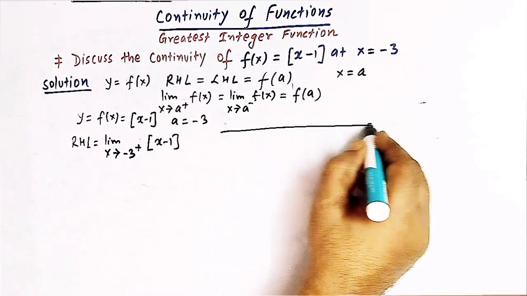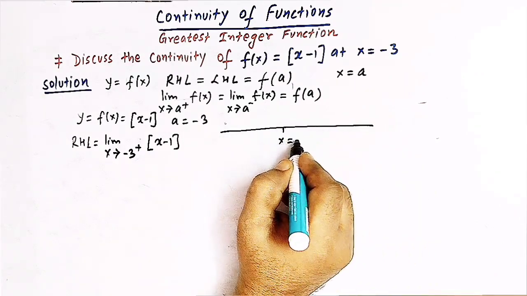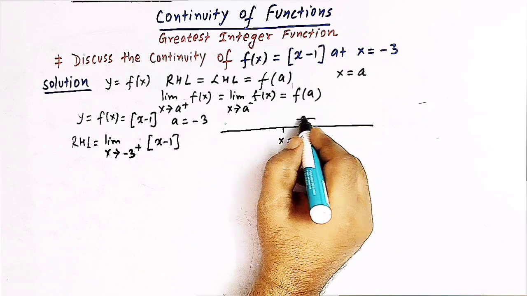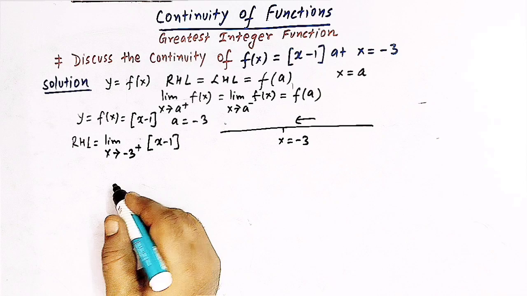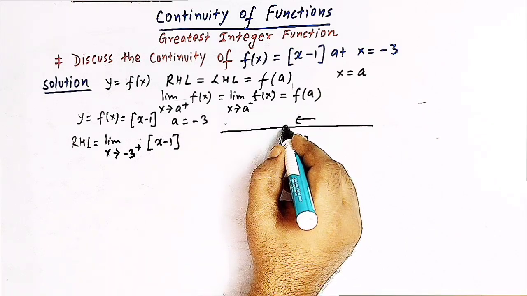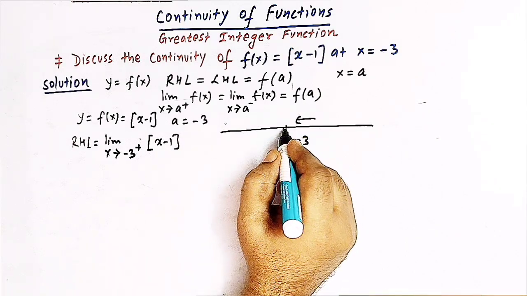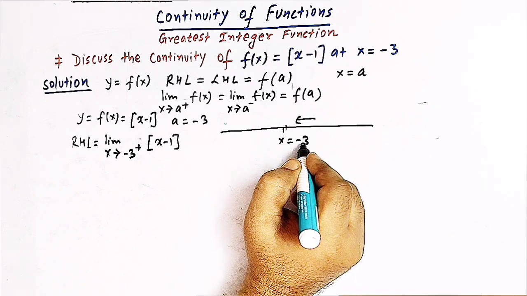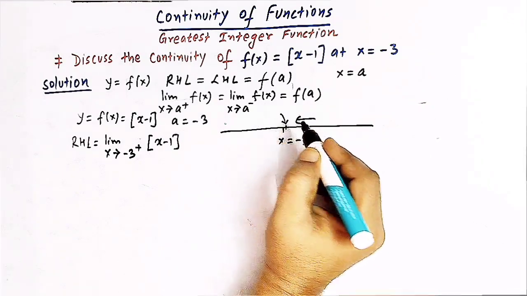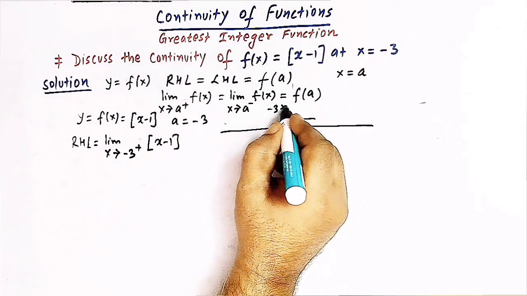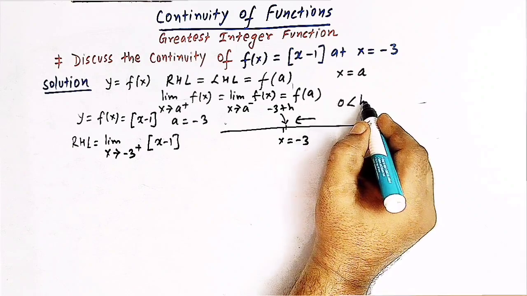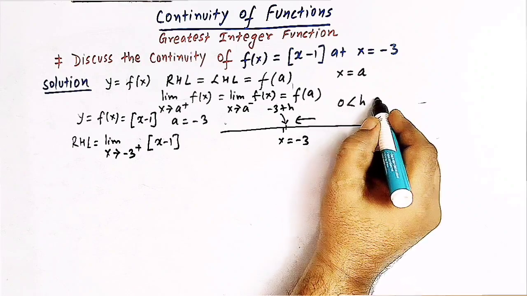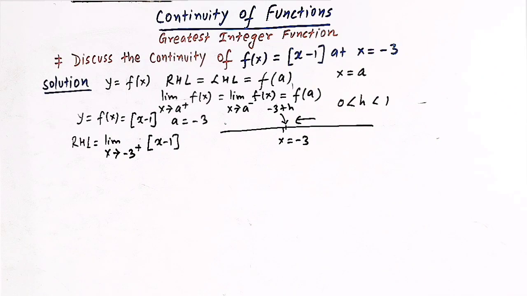When we approach x is equal to minus 3 from the right, we reach a point very close to minus 3, and this point may be taken as minus 3 plus h, where h is a positive quantity which lies between 0 and 1, and h is infinitesimally small.